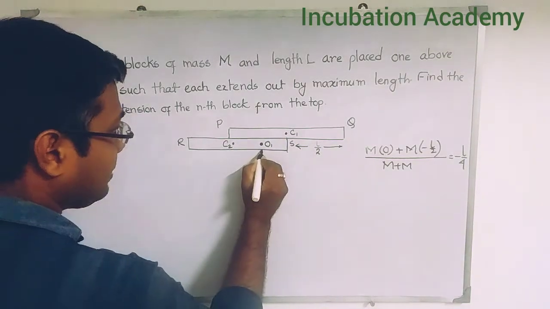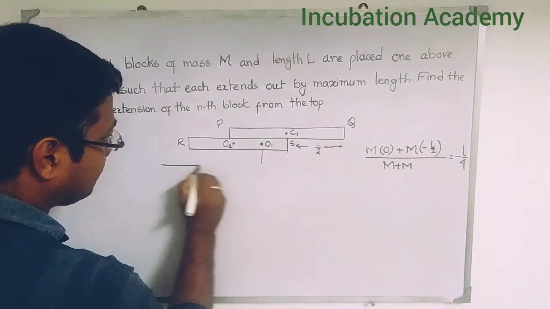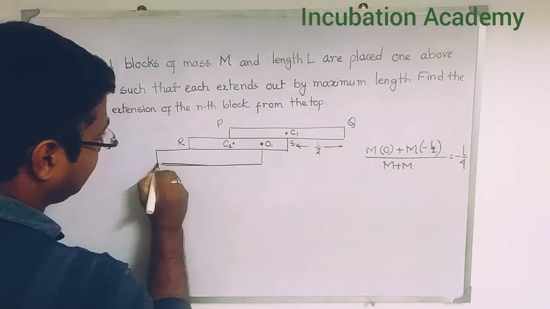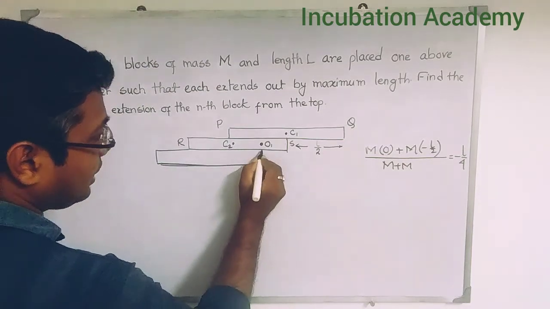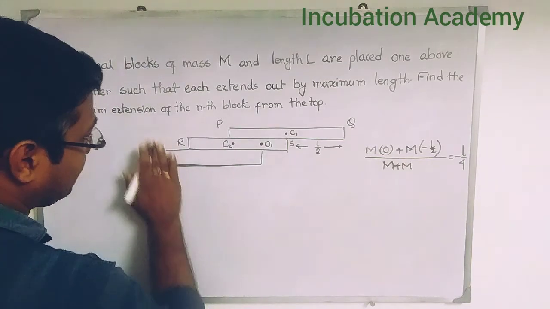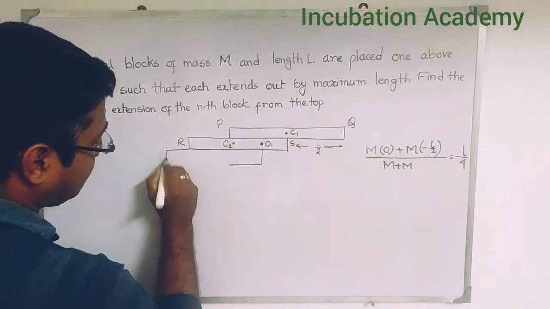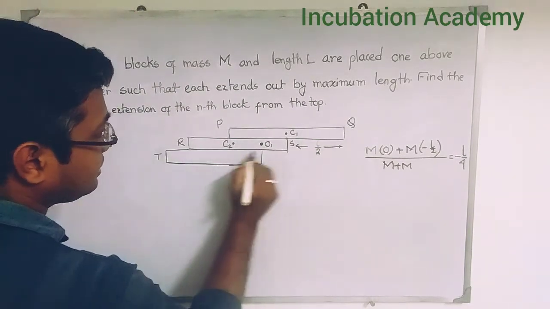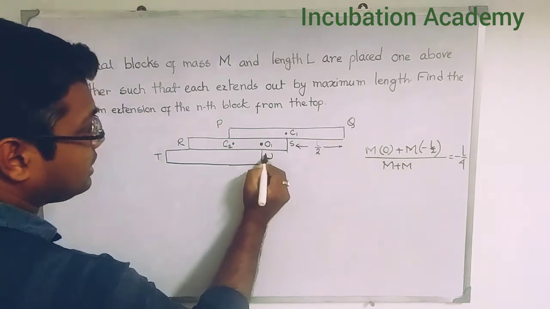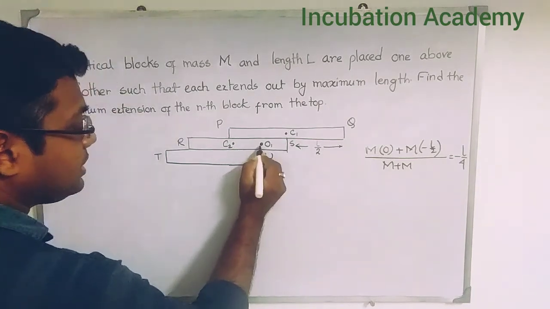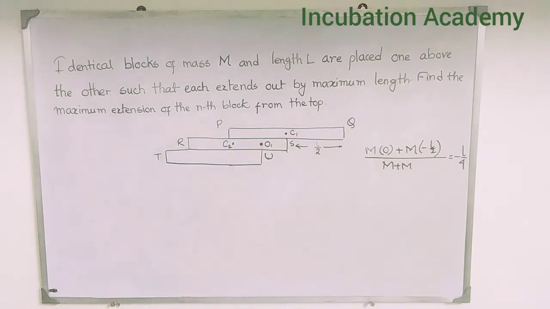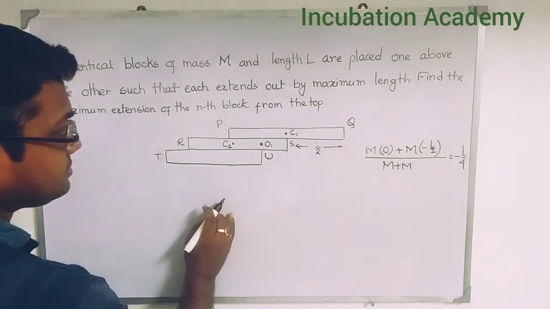Now if I place another block, let me draw an identical block of mass M and length L, T U, such that this edge U is just below this O1, then the PQ block and the RS block will not fall down.